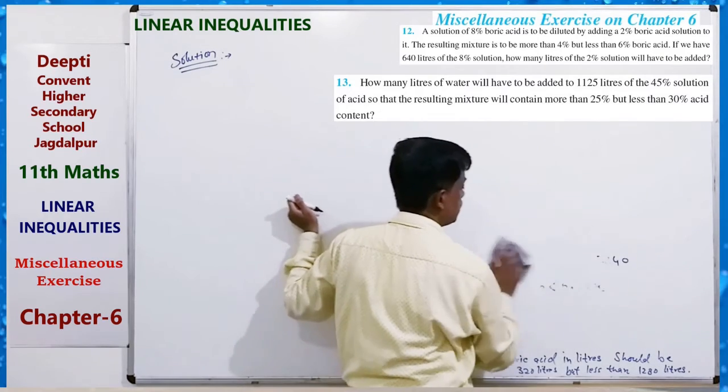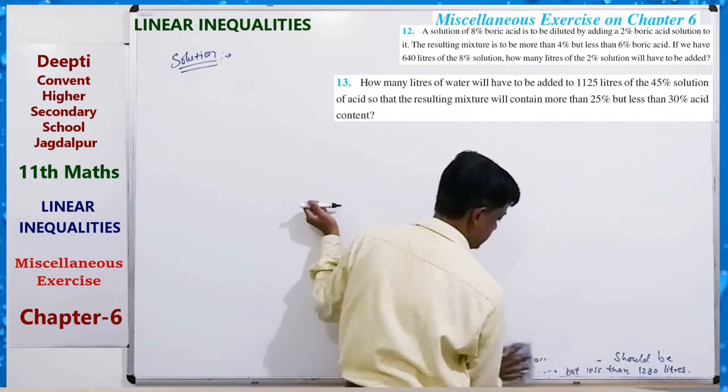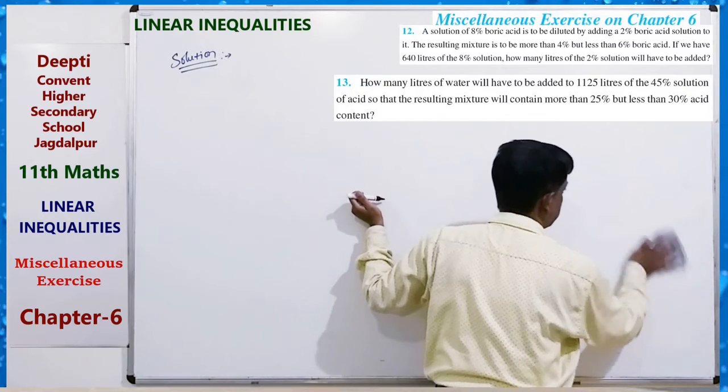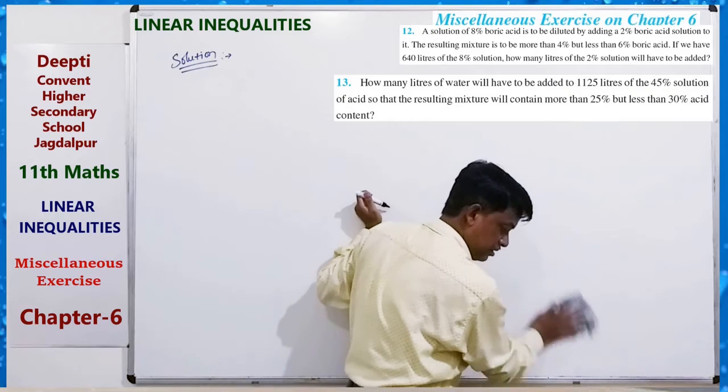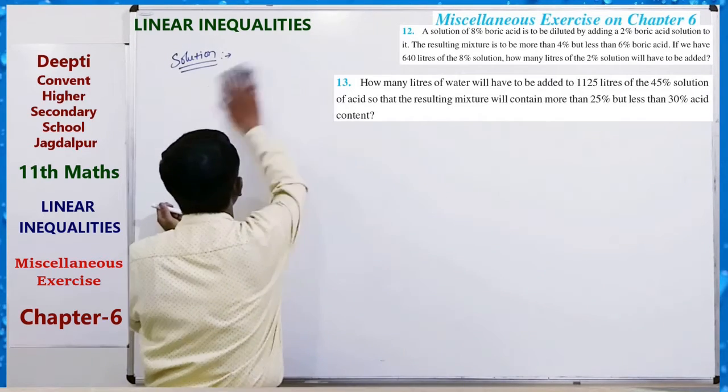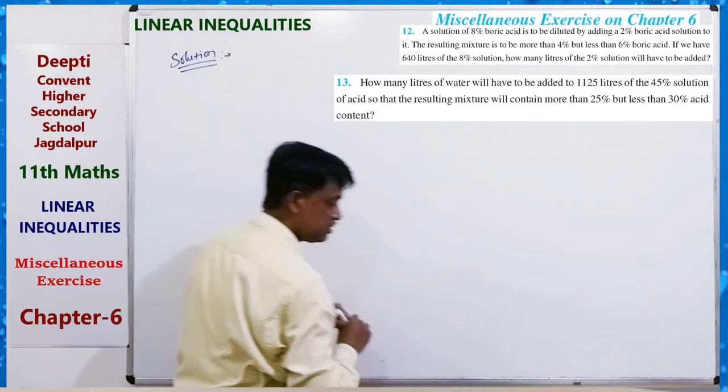In question 14 it is given that the relation between mental age and chronological age is given. IQ is given.